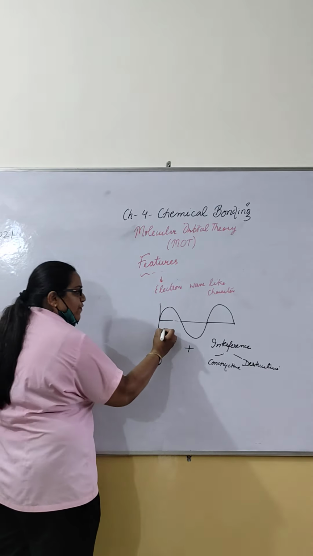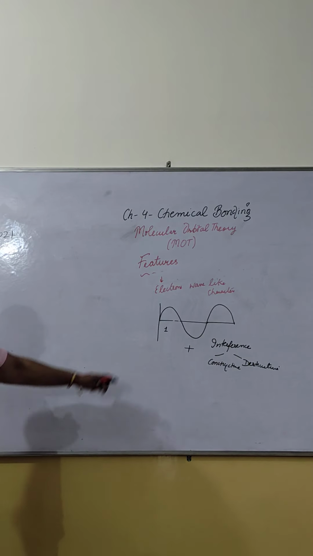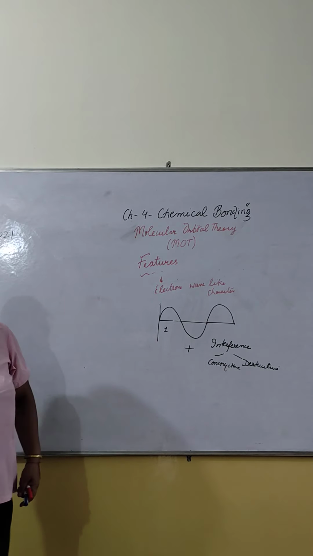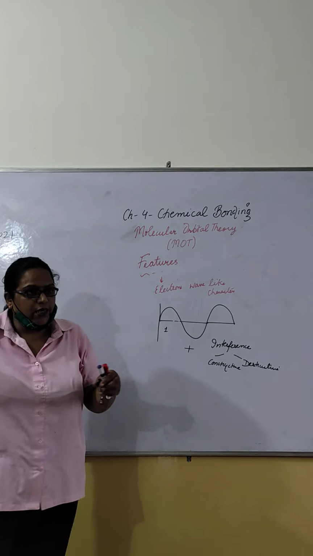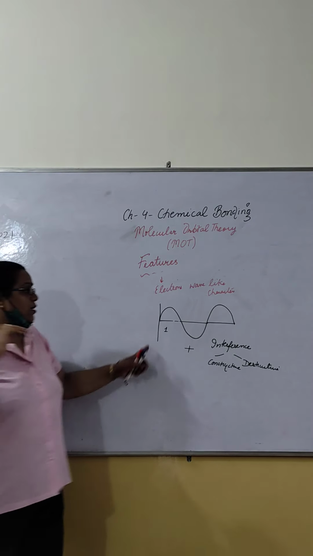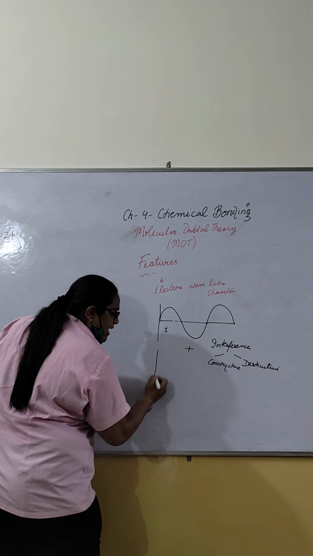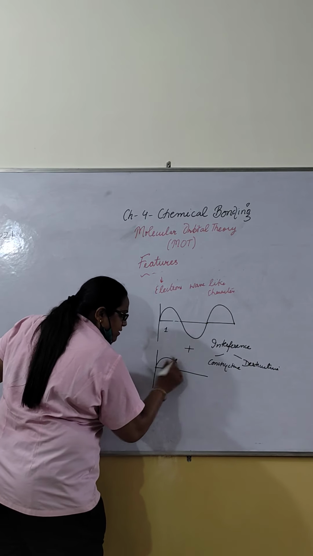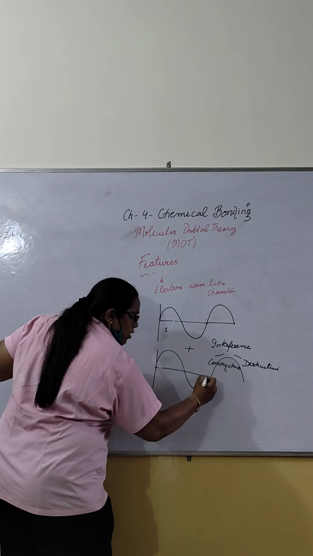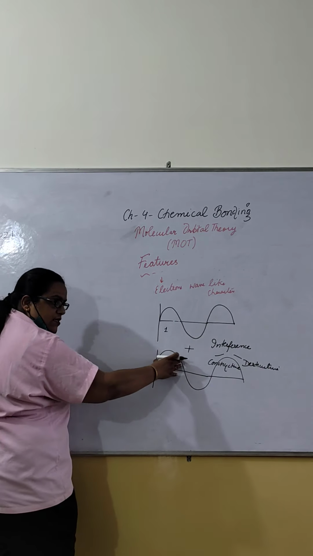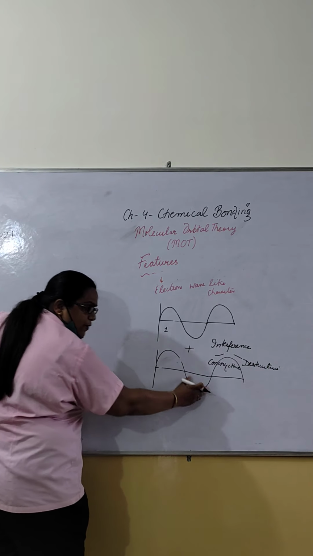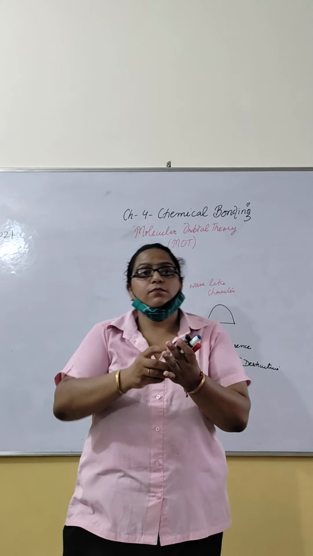Suppose this is your first wave. It is showing electron movement, moving like water waves. You remember from chapter 2? So when this first wave is combining with a second wave, the crest just falls over the crest, trough falls over the trough.